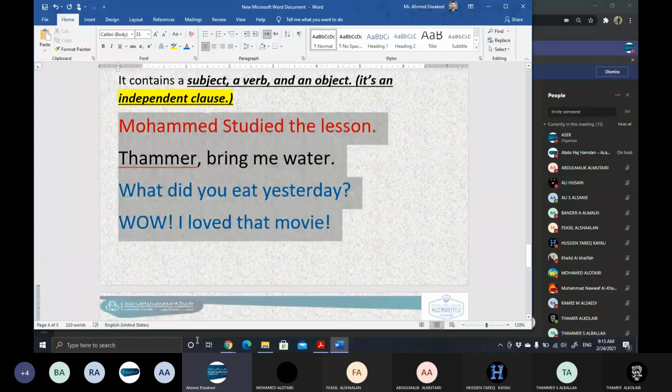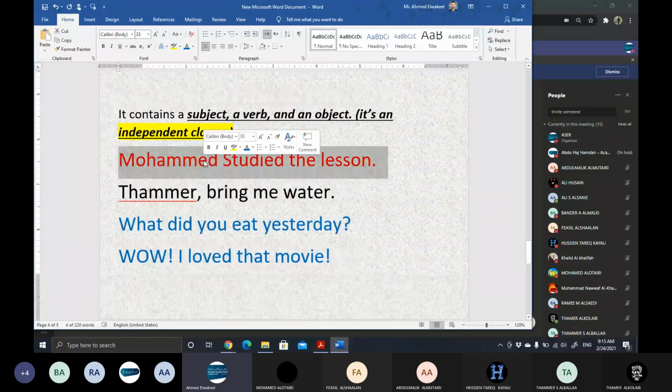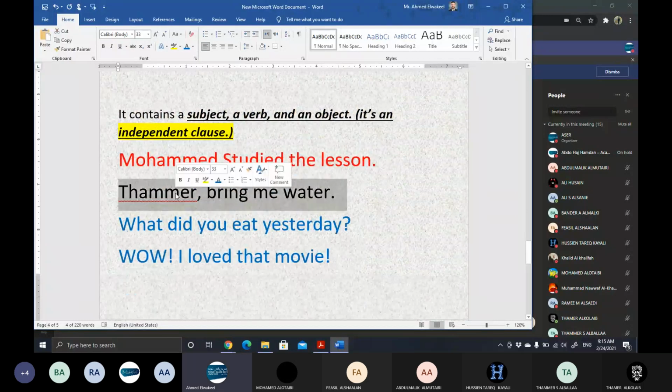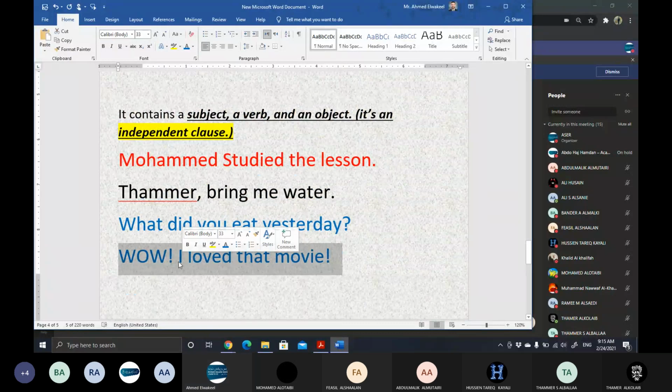Each one of them tells you something. The first one tells you about something that happened. The second one tells you about a command or an order. The third one asks a question. And the final type tells you about a feeling.